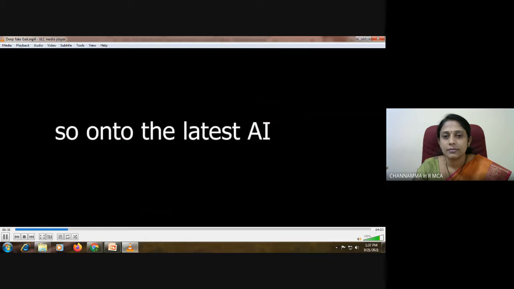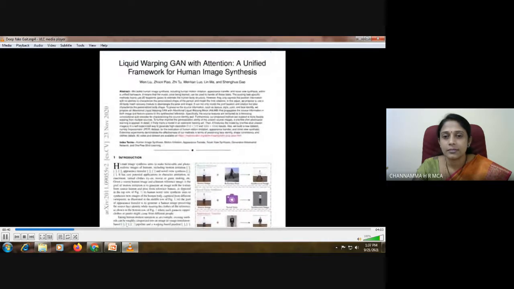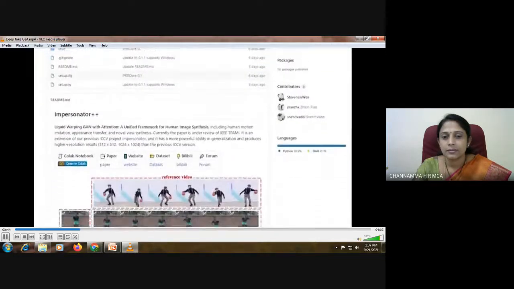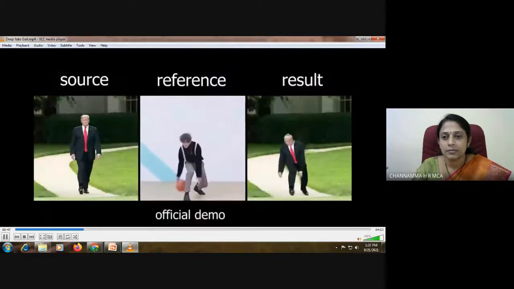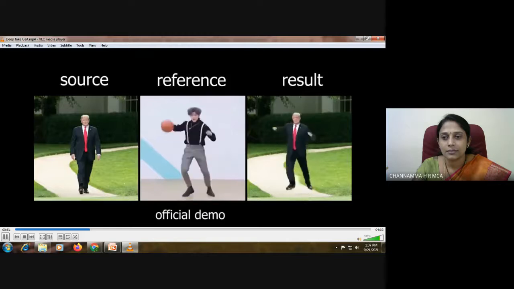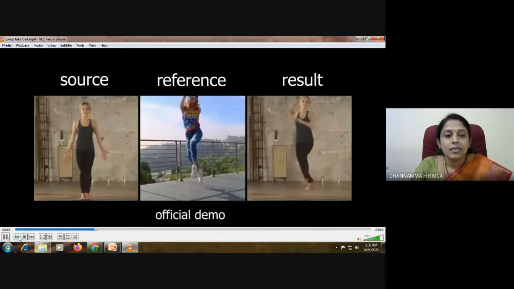So, onto the latest AI news. 3 weeks ago, an AI research paper called Liquid Warping Again was published, and just a few days ago, they have open sourced their code. And first of all, their official demo looks too good to be true. It looks insanely good at motion capturing, mapping 3D bodies, image and painting, and many other details I have shown.